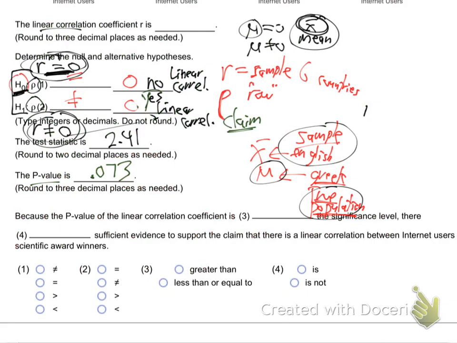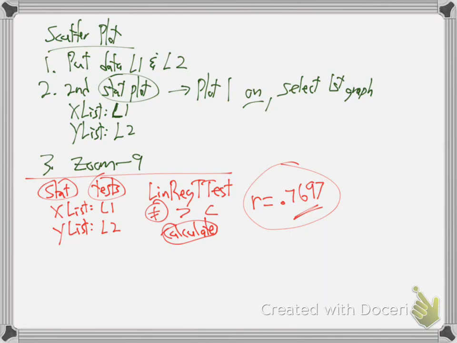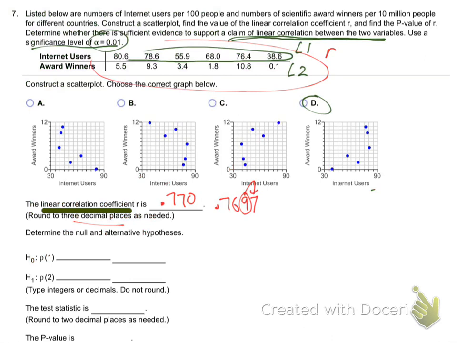So did we get it? Is 0.073 less than 0.01? No. The p-value is 0.073. In other words, there's too much of a chance of luck. Because you might be thinking, well, those are aligned, I saw the scatter plot. They look kind of like a line.